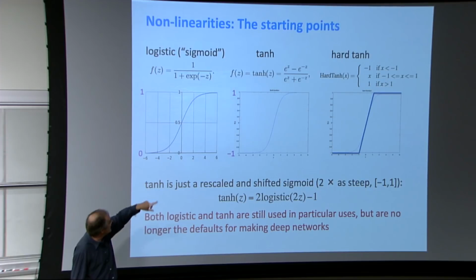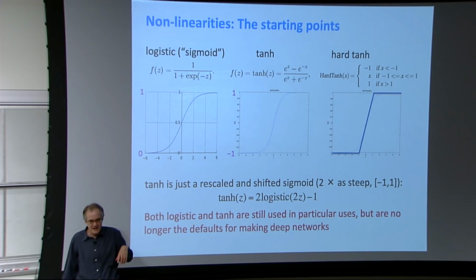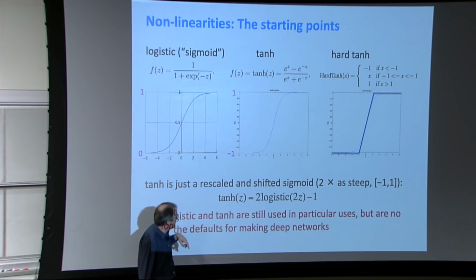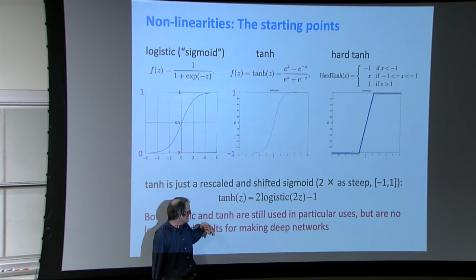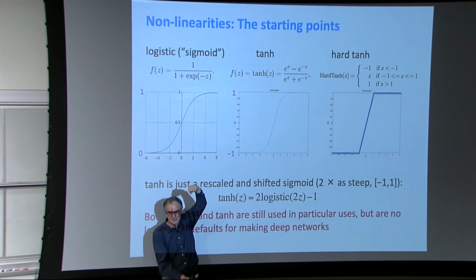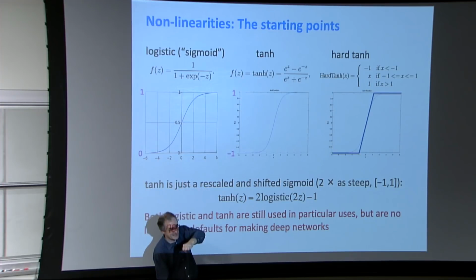Here is the tanh curve. The formula for tanh looks like a scary thing with lots of exponentials in it, and it doesn't really look much like a logistic curve whatsoever. But if you dig up your math textbook, you can convince yourself that a tanh curve is exactly the same as the logistic curve, apart from you multiply it by 2, so it has a range of 2 rather than 1, and you shift it down 1.